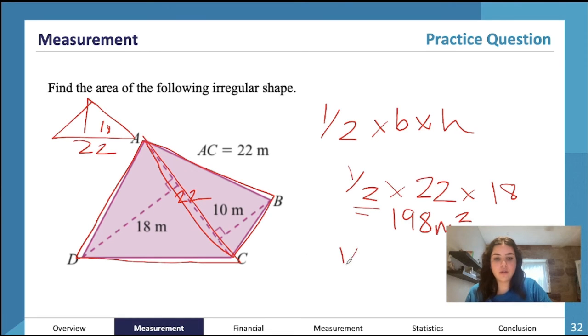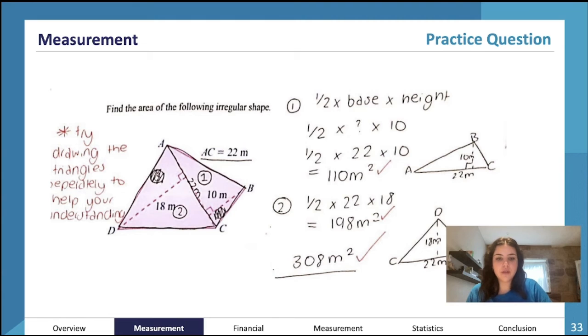Our other triangle, half times 22 times 10, we get 110 meters squared. We add those 2 together, we get 308 meters squared. So it's important we just have the 2 triangles. These are what they'd look like if you drew them out.